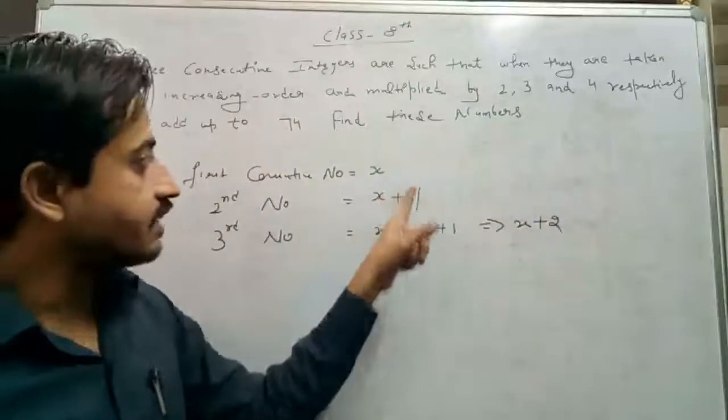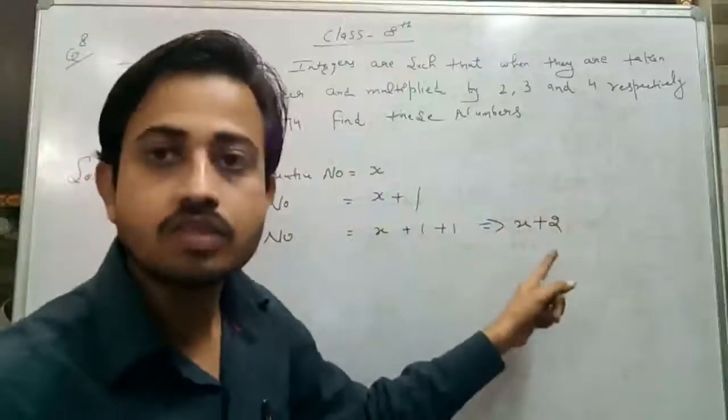So our first number is x, second number is x plus 1 and third number is x plus 2.